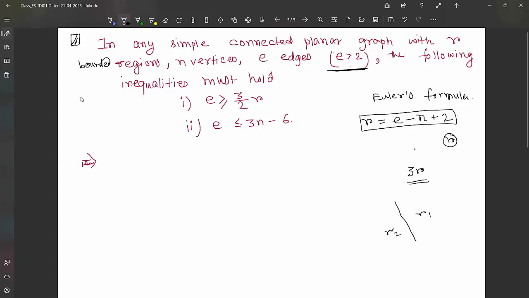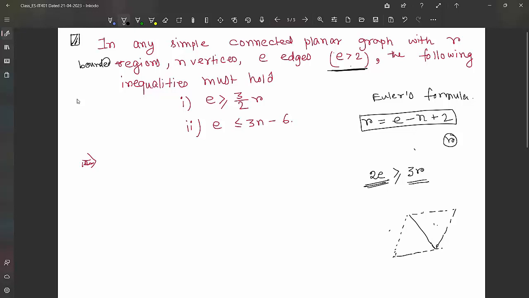So if you want to generate R regions, you will require at least 2e, that is twice the total number of edges. That means 3R should be less than or equal to 2e, because e is the total number of edges and one edge is connected with two regions. It will produce one region here and another region here.